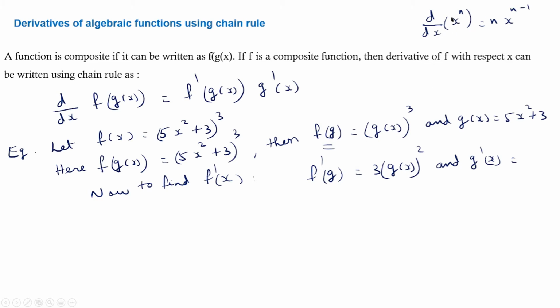So the derivative of x cube will be 3 into x square. So this will be 3 into g of x the whole square, and the derivative of g of x is the derivative of 5x square. This will be 5 into the derivative of x square, and the derivative of x raised to 2 will be 2 into x raised to 2 minus 1, so it is 2x. So g dash of x will be equal to 10x.